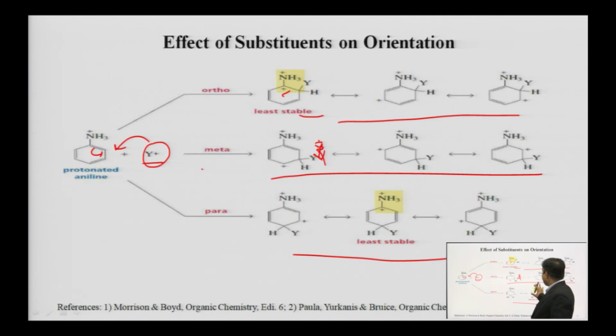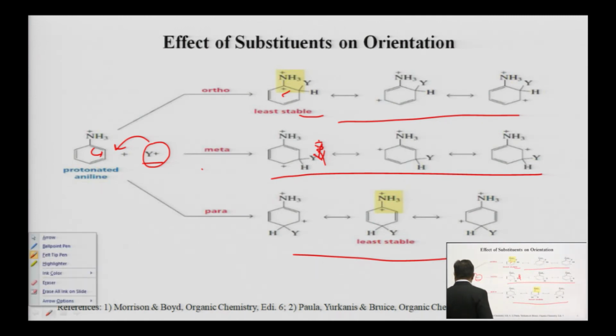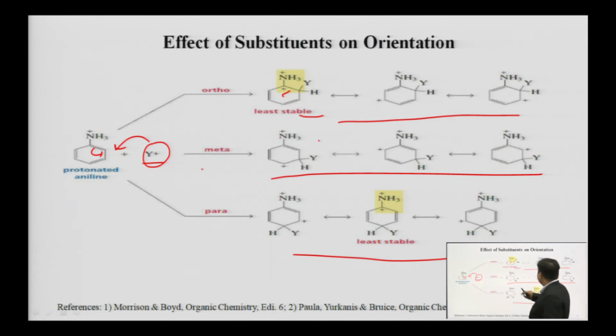In the case of the meta position, nothing different occurs, nothing like that happens here, only delocalization of the positive charge occurs and stability will remain so. In the case of the para position, we can see that the same resonance structure is also formed, which is formed in ortho substitution. So, again we compare the stability of the resonating structures formed in the ortho, meta and para positions.